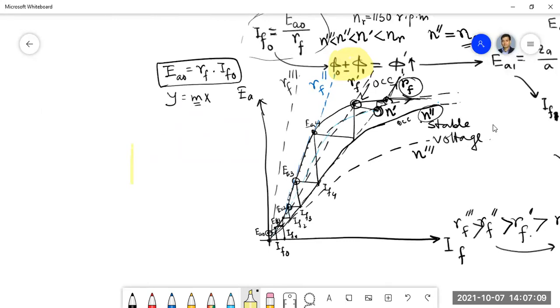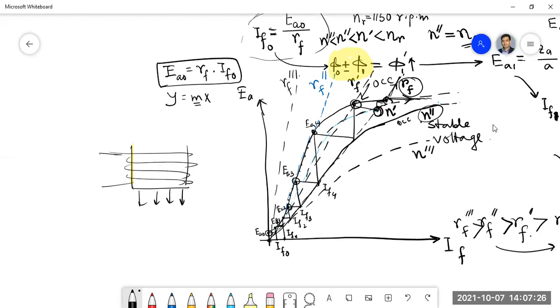Got my point, what I'm asking? এটা যদি সাবট্রাকটিভ হয় তাহলে তুমি কি করবে? Suppose your field winding is like this. Field winding you cannot change, na? You cannot open the machine and change the field winding.